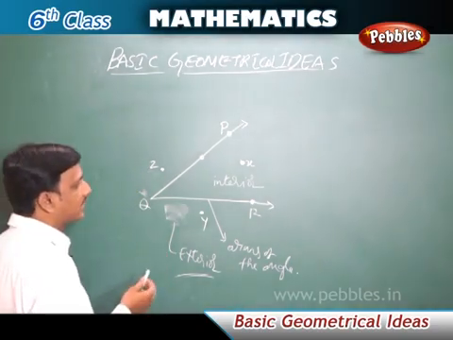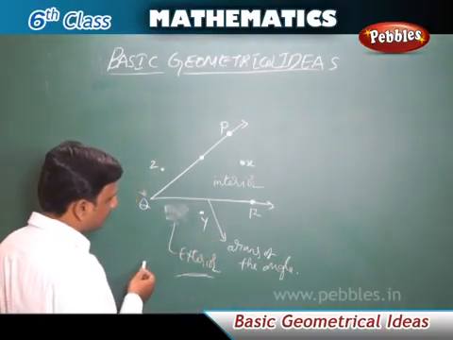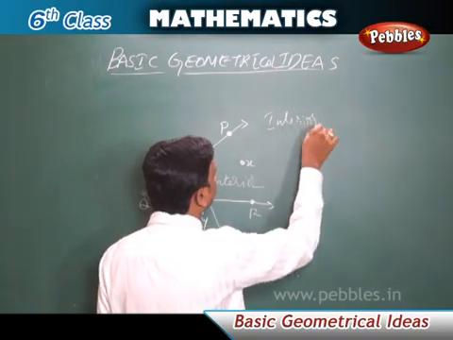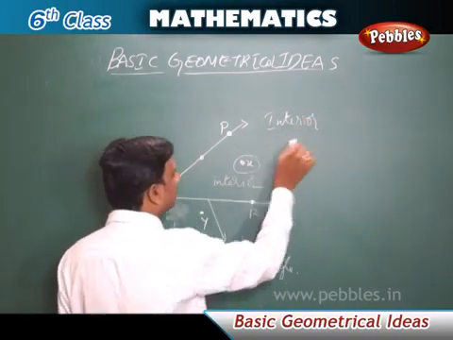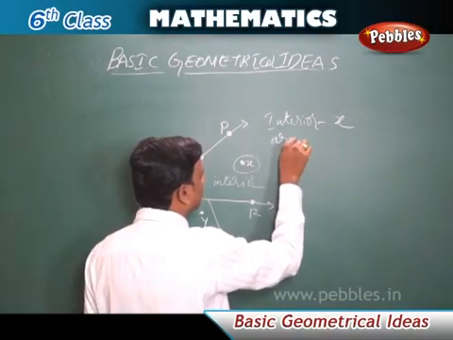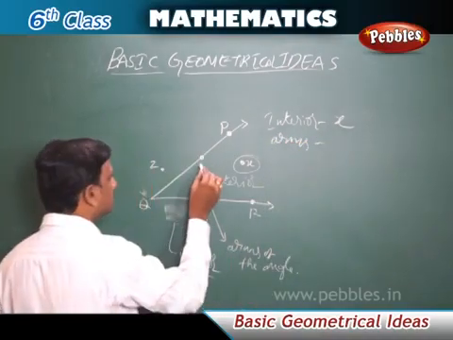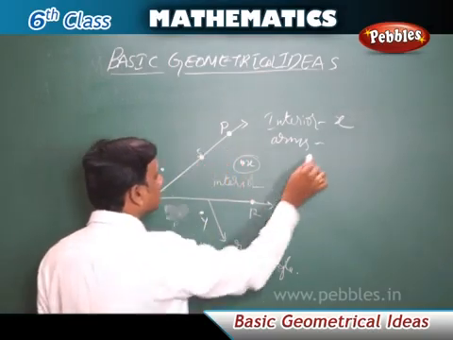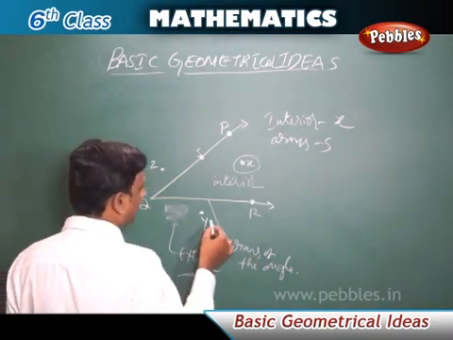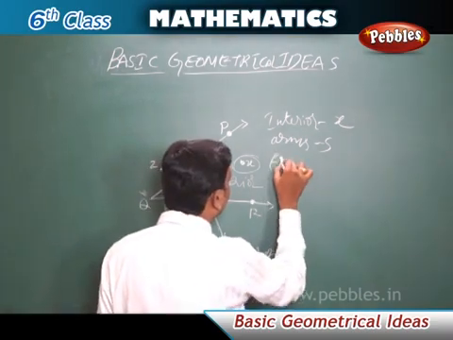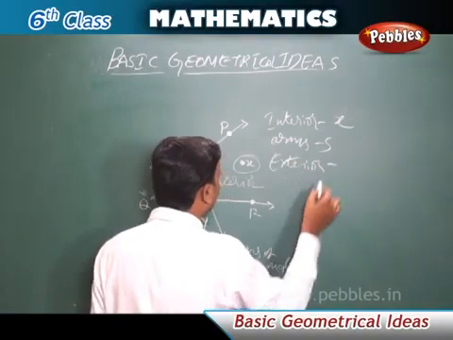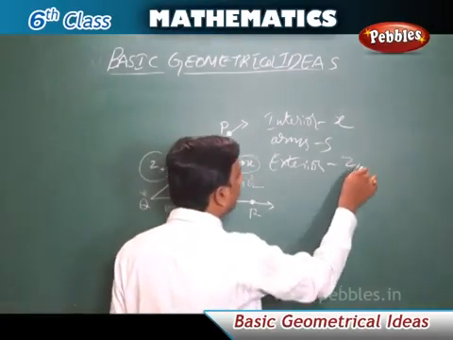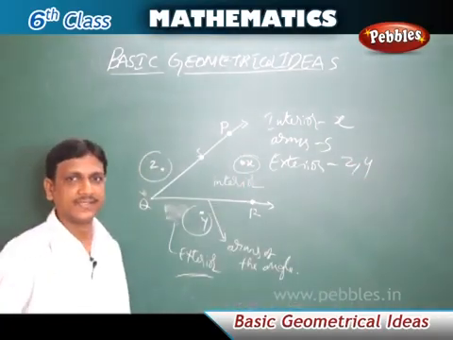So now some points are in the interior, some are in the exterior, and some are on the arms. So what are the points that are in the interior? X. Now let us see the points on the arms. Say here one point, and that's all. Now look at the exterior, Z, Y. So these are the points on the exterior.